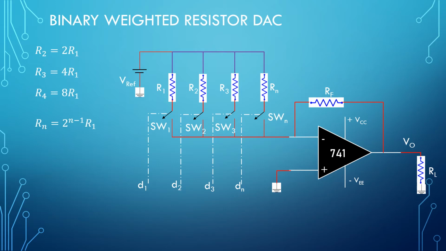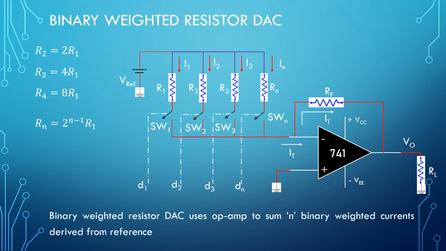The resistance R3 that we used was 20 kilo ohm, which is 4 times that of R1. 4 5s are 20 kilo ohms, so 4 into 5 kilo ohm, which is 20 kilo ohm. The similar process we have used here. And since we are using the resistances in terms of the binary power, that is 2 to the powers, we call it a binary weighted resistor DAC.